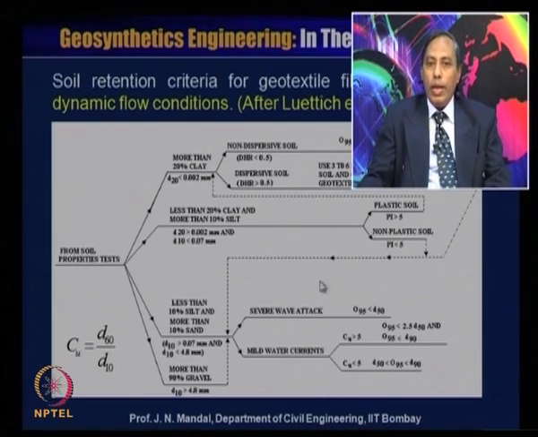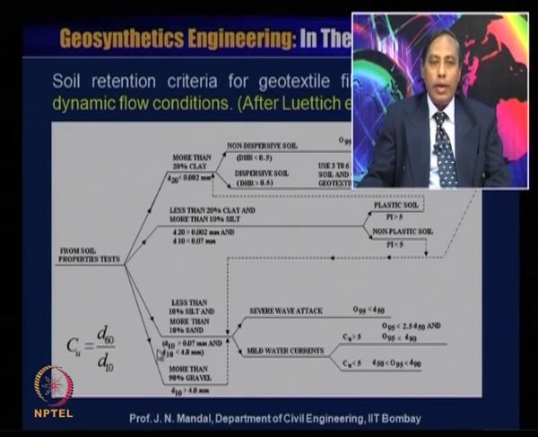And it also depends upon the soil condition, whether it is less than 10% of silt and more than 10% of sand, and D10 should be greater than 0.07 millimeter and D10 less than 4.8 millimeter, and for more than 90% of gravel, D10 greater than 4.8.